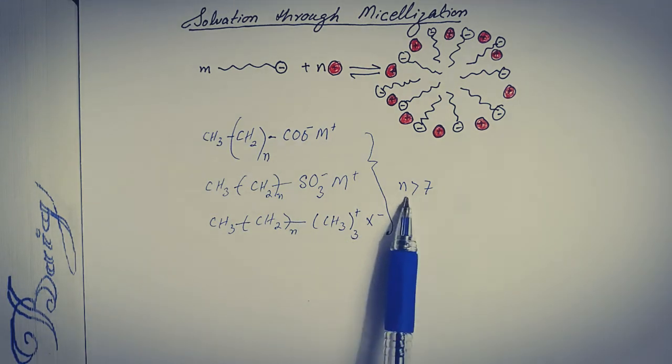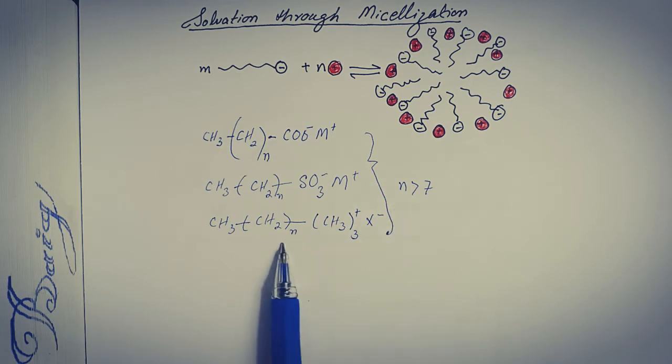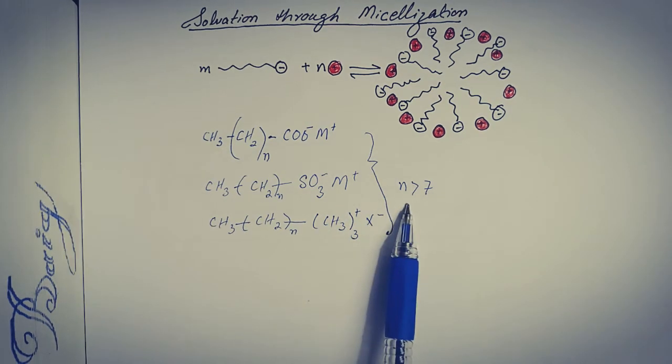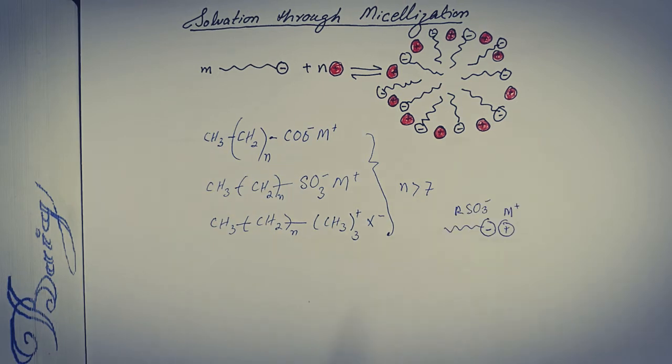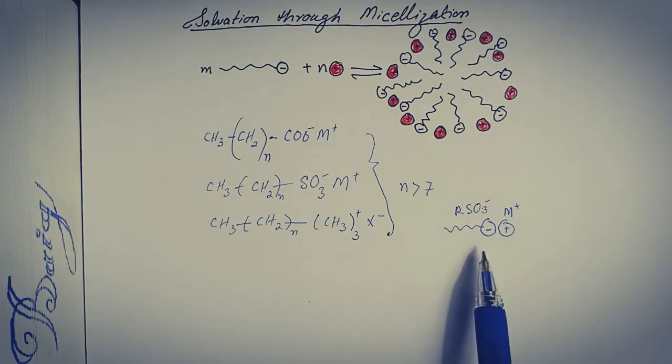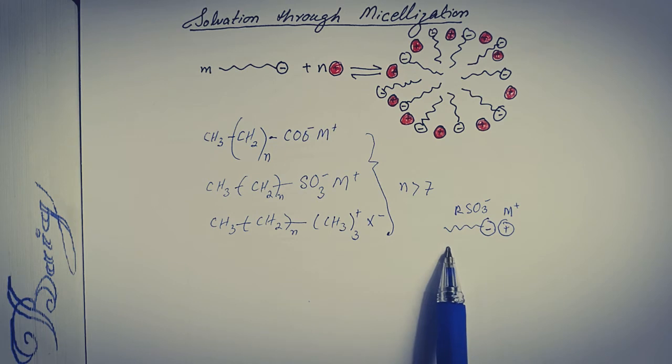Here the number of repeating units must be greater than 7 in order to make the molecule amphiphilic, which means that the molecule is acting as schizophrenic, like one end is polar and the other end is non-polar.